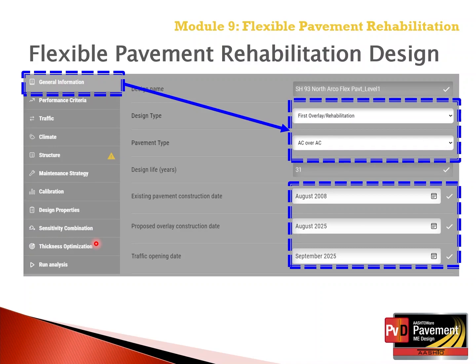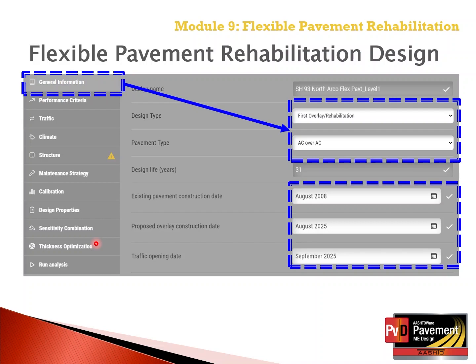So this basically concludes Part A of Module 9, an introduction and condition assessment for rehabilitation design of flexible pavements. Part B, which is the next part, will then open the software and identify some of the differences between flexible pavement rehabilitation design and new flexible pavement design.